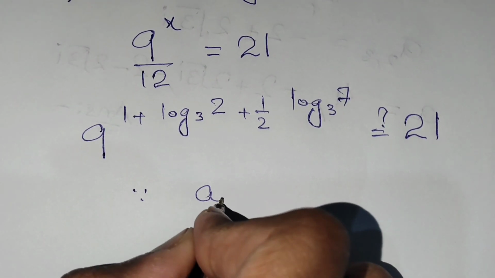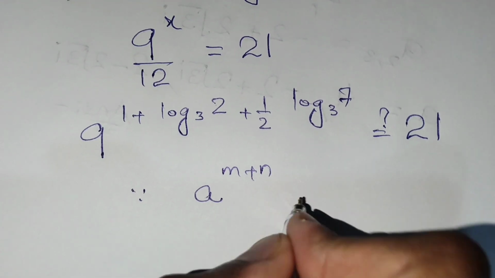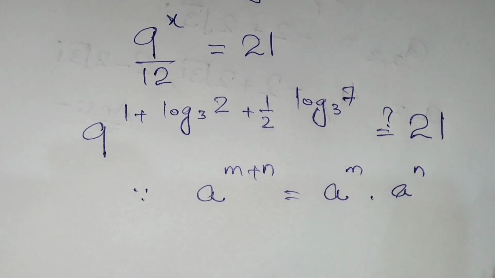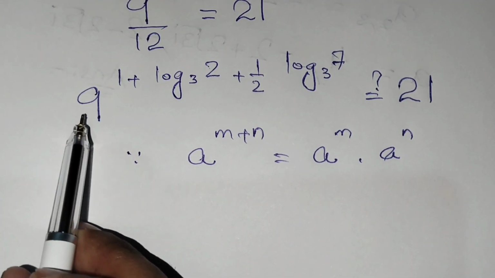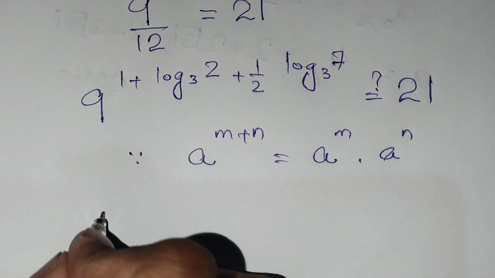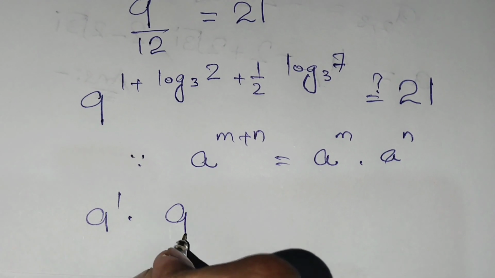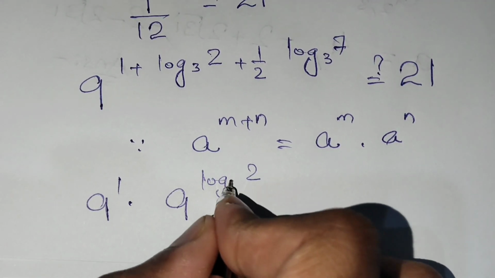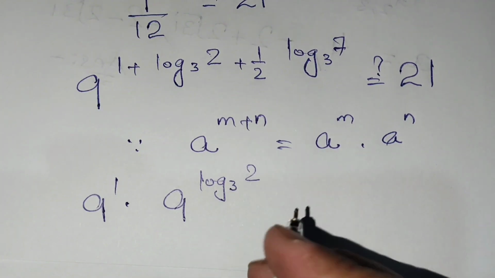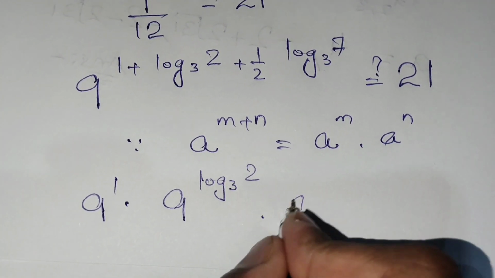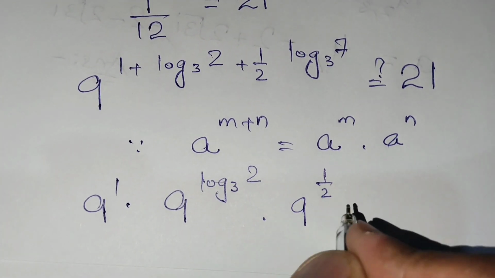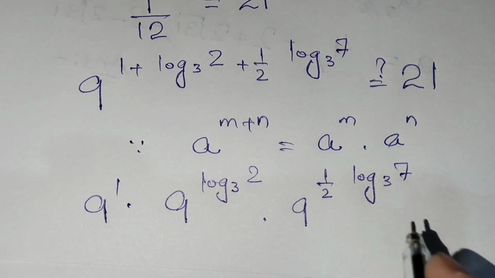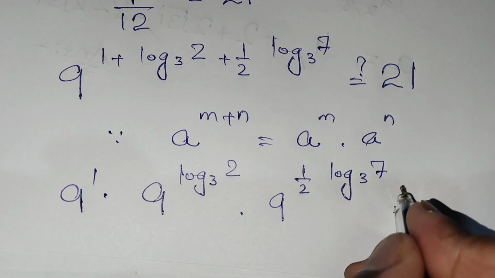We know that a power m plus n is equal to a power m times a power n. So this equation now becomes 9 power 1 times 9 power log of 2 with the base 3 times 9 power 1 by 2 log of 7 with the base 3, over 12, equals 21.